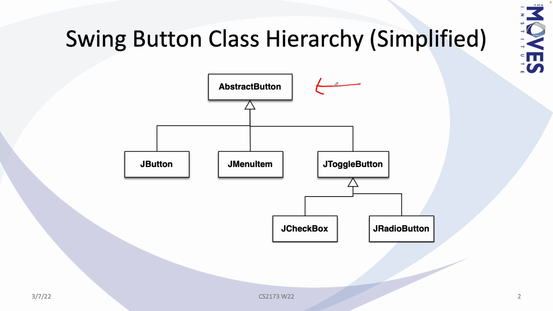So what they've done, and I think this is a very nice design, is that everything which is common to every button is implemented in the AbstractButton class. And as its name implies, it's an abstract class, so you never instantiate an AbstractButton, but it just holds all of the things that are in common.